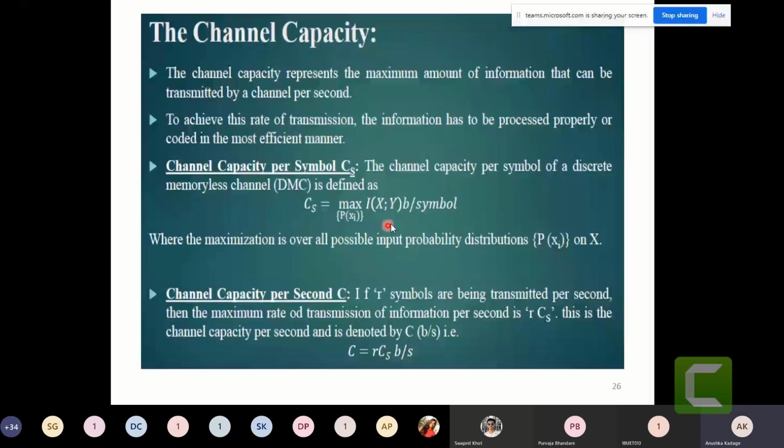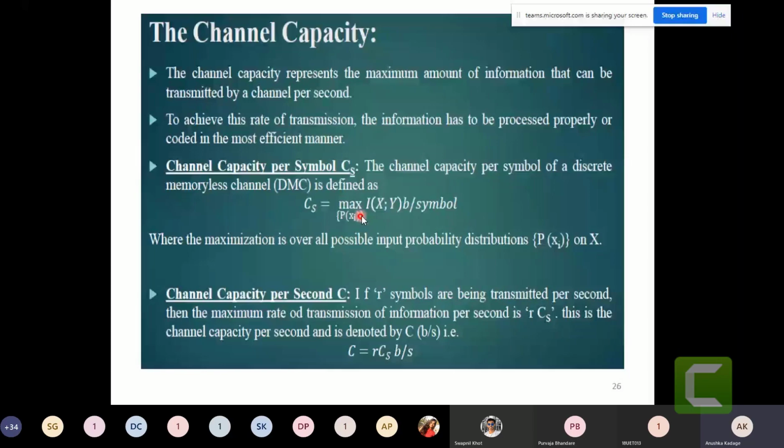For any discrete memoryless channel, the channel capacity is equal to the maximum of the trans information obtained. And trans information is nothing but the mutual information from the transmitter towards the receiver. So channel capacity is always expressed as the maximum value of mutual information from transmitter towards receiver.